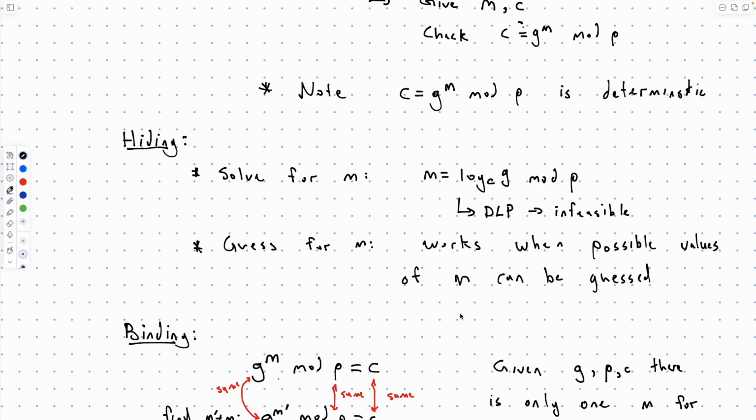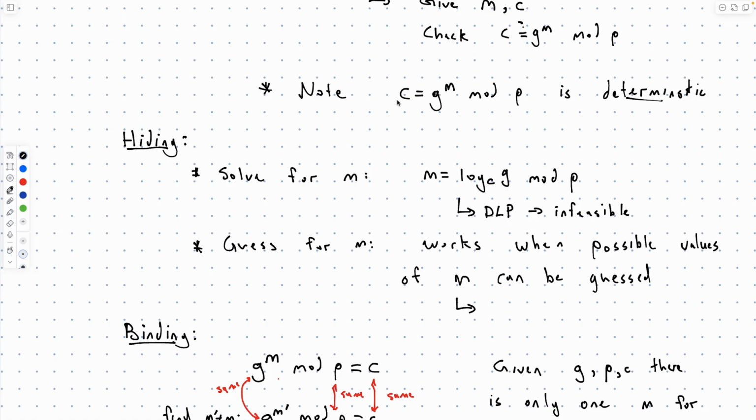And the reason this guessing attack works is actually what we wrote up here: the commitment is deterministic. Every time I commit to the word rock, I always get the same value out. You commit to the value rock, I commit to rock, we get the same answer. And then we can compare them. And that's how I'm able to guess, okay?